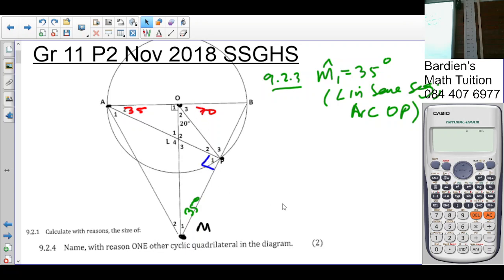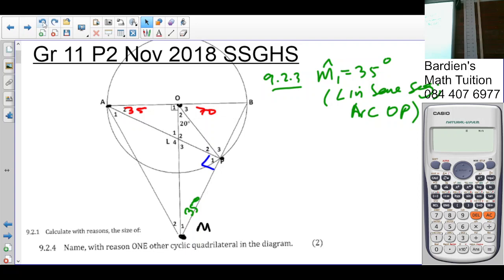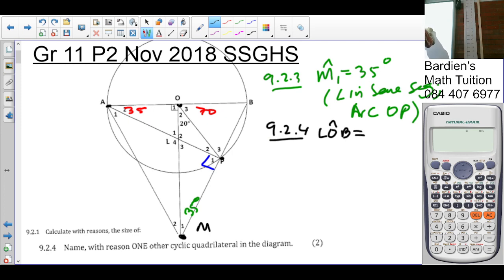Nice. So since, you see here, here's the cyclic quad. The exterior angle is equal to the interior opposite. Okay, so you must just state it. We just say since, you state the obvious first. Angle OLB is equal to angle P1, which is equal to 90 degrees. Okay? Why is that 90?